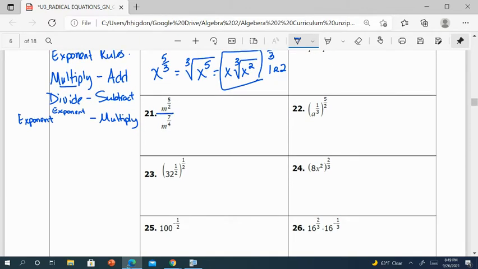So the operation on number 21 says to divide, which means if the operation says to divide, exponents are going to subtract. So m to the 5/2 divided by m to the 7/4 means that we need to subtract those exponents. One thing I have not said is your bases must be the same.